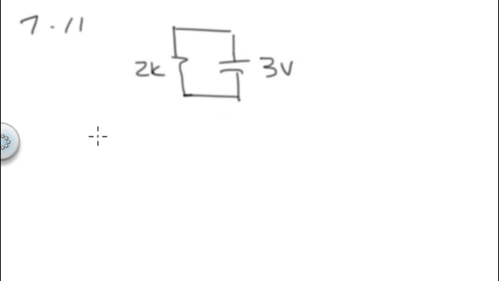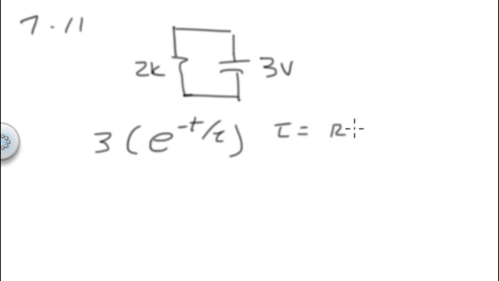So now it's going to be discharging, so it's going to be 3 volts times e to the minus t over tau, and our tau is equal to RC, which is equal to 2K times 0.05 times 10 to the minus 6th. That's our tau, or our value of RC. That's number 11.